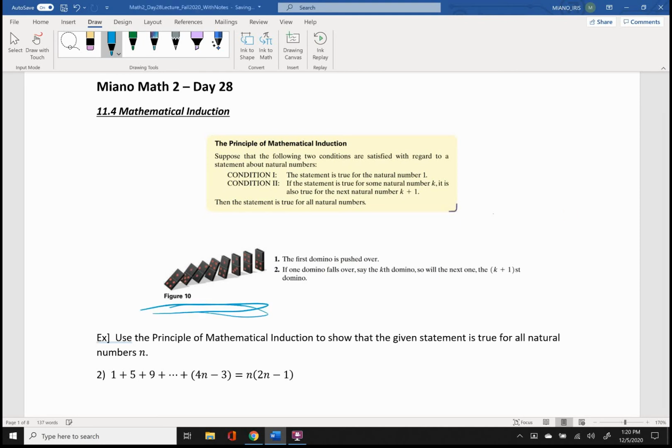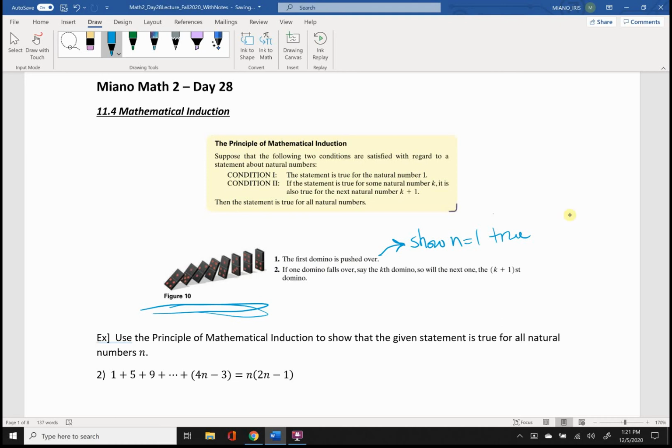So enter figure 10 here, where you see a series of dominoes lined up. The idea is you need to push over the first domino. That is showing that the n equals 1 case is true. That's akin to pushing over the first domino.